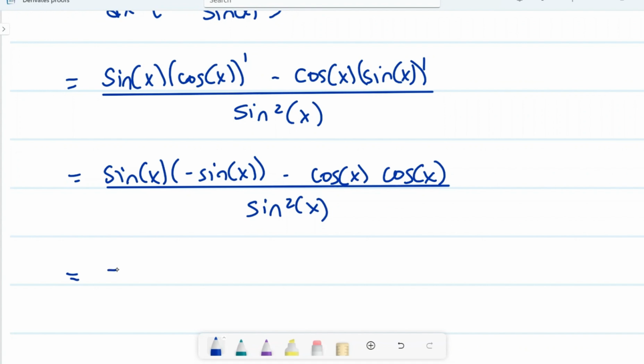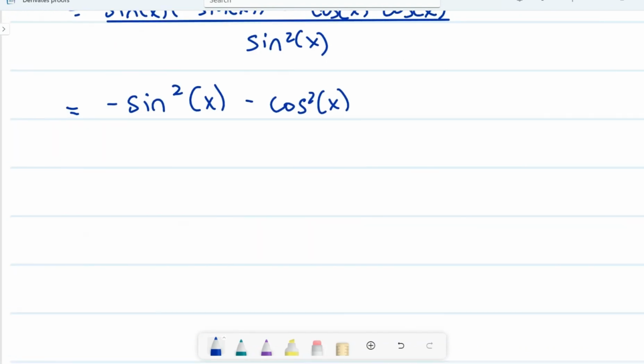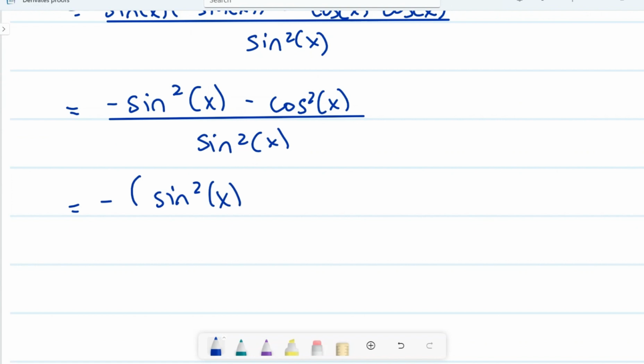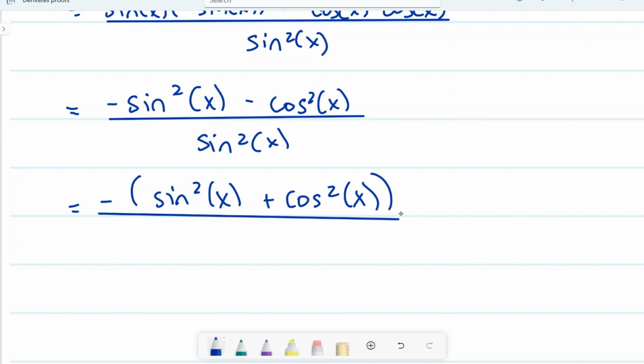And this leaves us with negative sine squared of x minus cos squared of x, all divided by sine squared of x. And we can factor out the negative in the numerator, which leaves us with negative, open parentheses, sine squared x plus cos squared x, divided by sine squared of x.